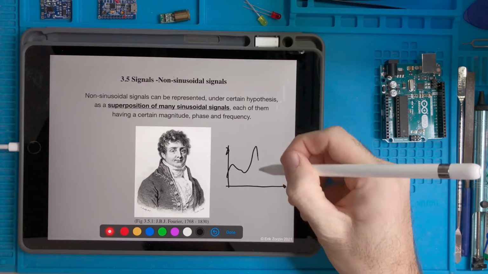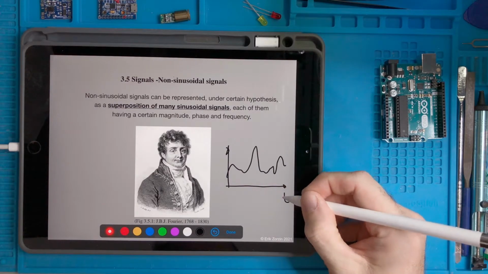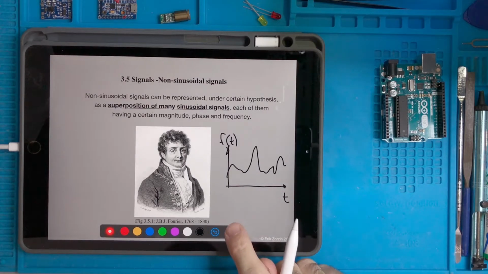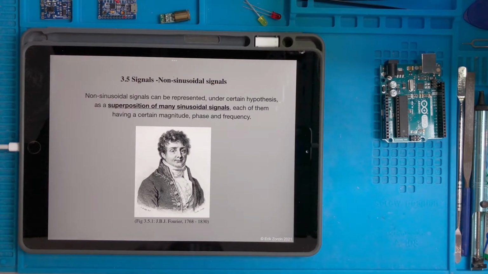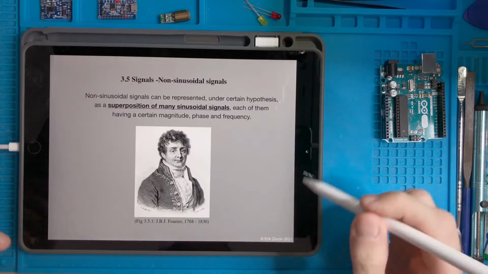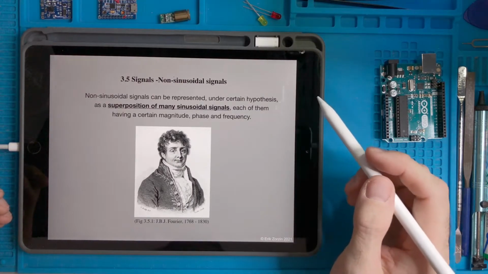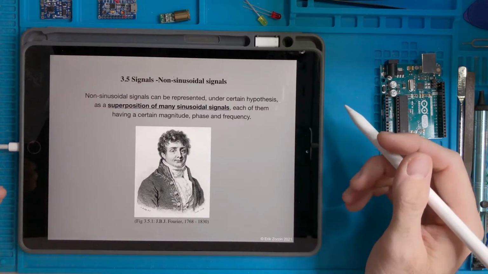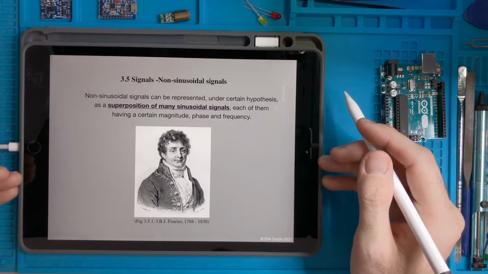So this is whatever signal, f of t. The idea is that under certain hypotheses, we can represent a signal as a superposition of sinusoidal signals.